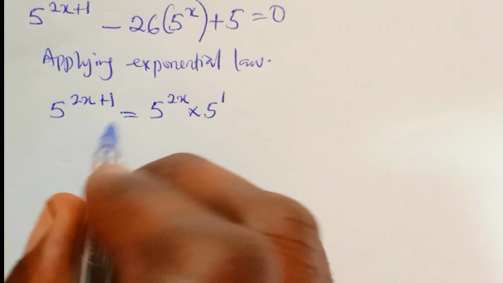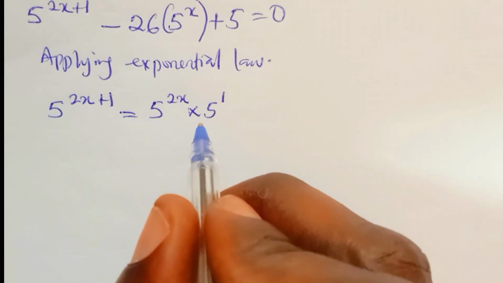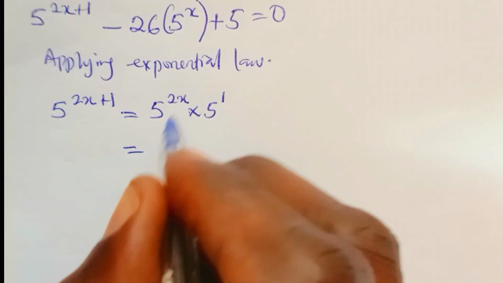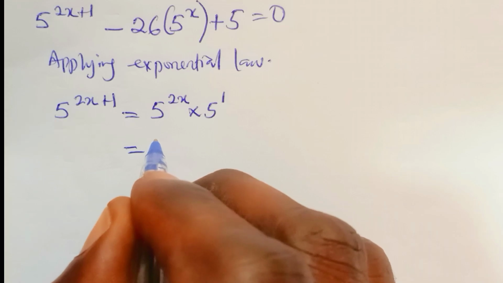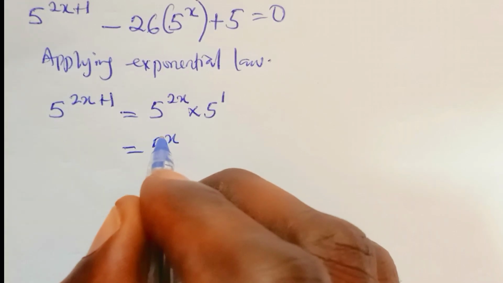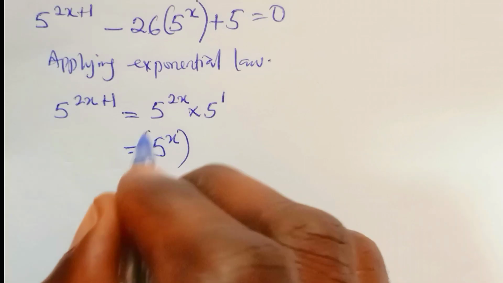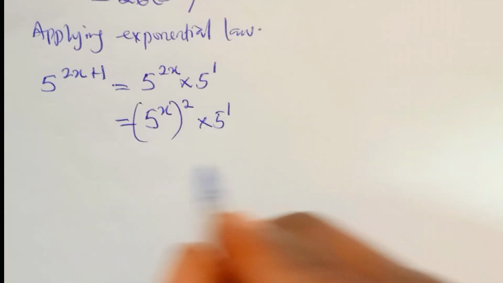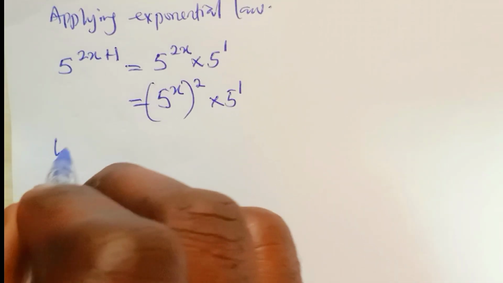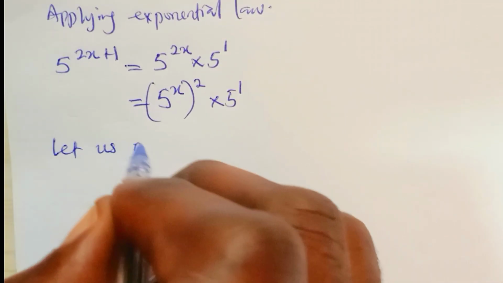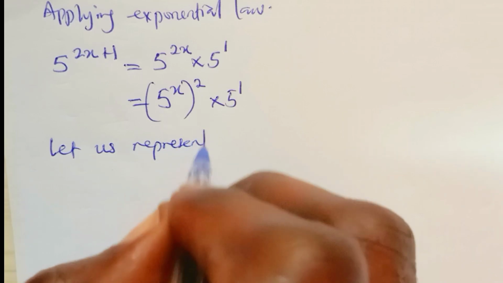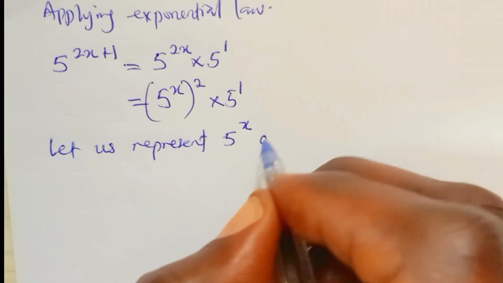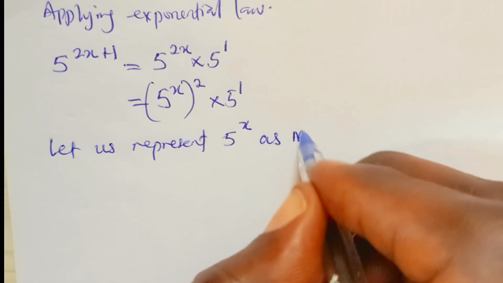So, using the first law of indices, that is the law of addition, we now have 5^(2x) as (5^x)^2 times 5^1. Now let us represent 5^x as m.